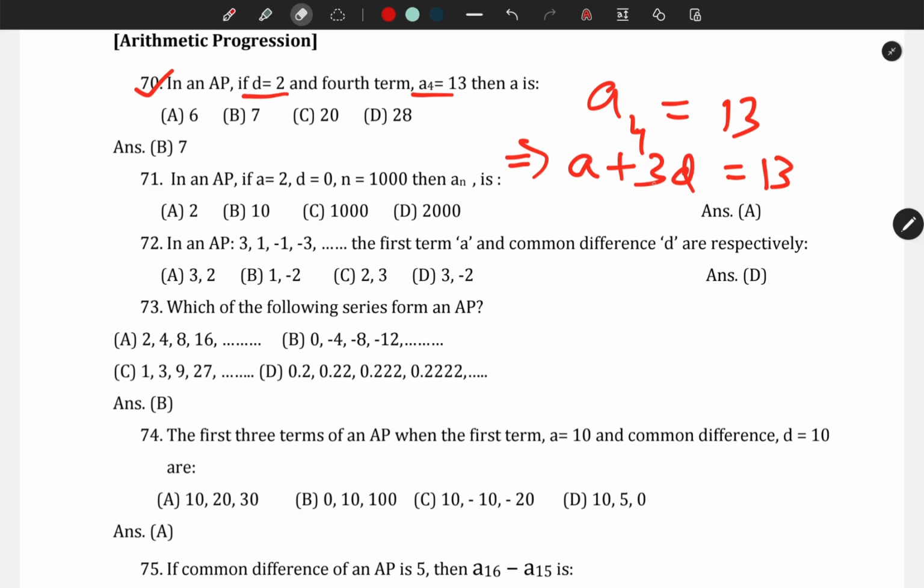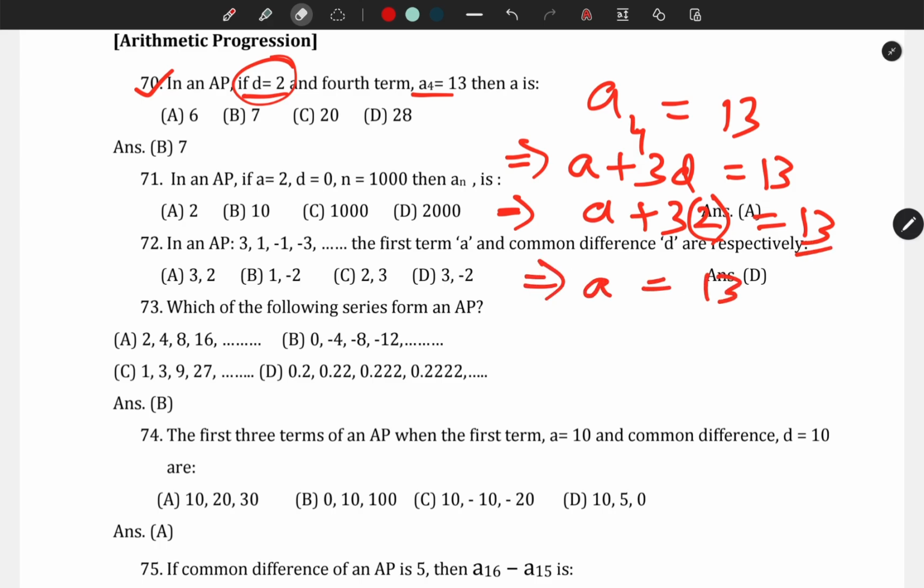If it was the fifth term, it would have been a plus 4d. So here we know d to be 2. So in place of d, we will substitute 2. 3d, d will be 2, equals 13. So a will be 13 minus 3 twos, 6. 13 minus 6 is 7. So the correct option is B, 7.